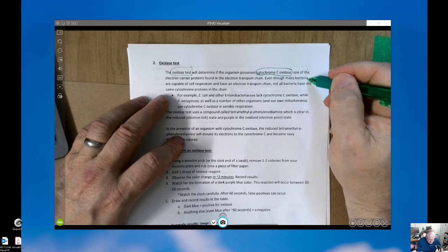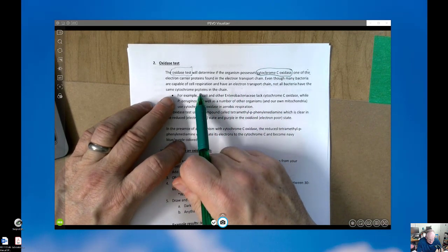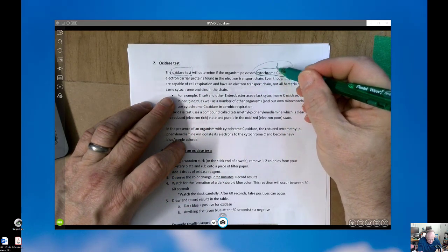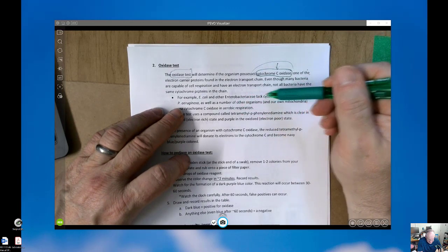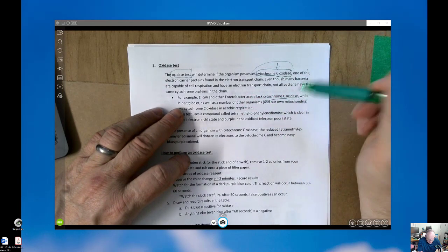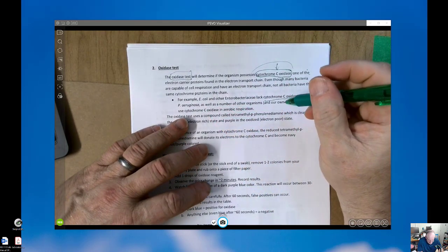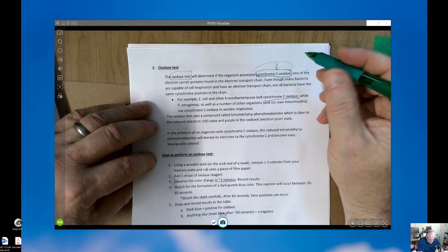Even though many bacteria are capable of cell respiration, not all bacteria have the same cytochrome protein, so we're looking for cytochrome C in this case. E. coli and other Enterobacteriaceae lack that C version of the oxidase, while Pseudomonas aeruginosa and some of the other organisms do, and that's what we're looking for.